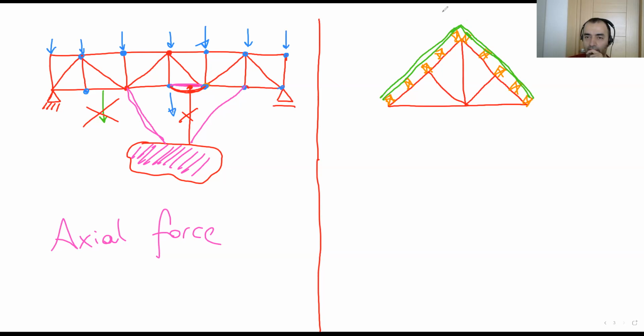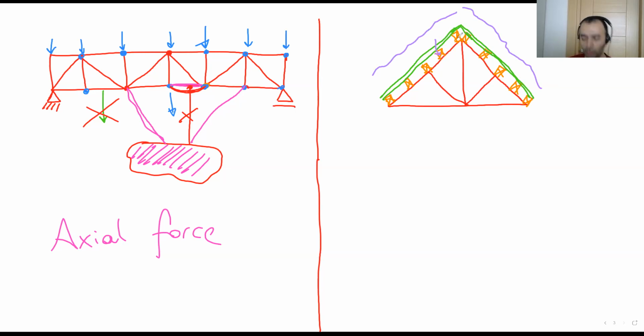So this carries the load. For example, if snow load comes on top of this roof, it takes the load and gives it here. And this purlin beam, a kind of beam between the truss systems, gives this load to the roof system.